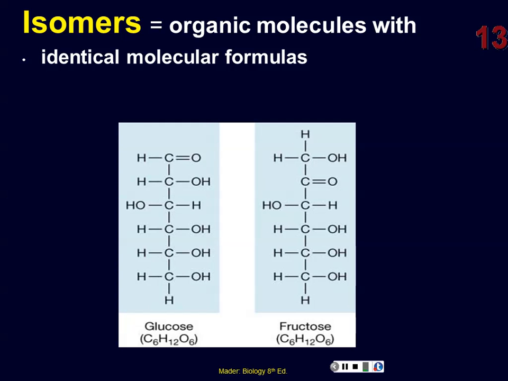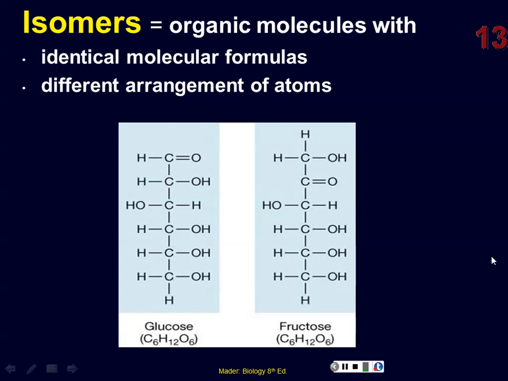They have the exact same molecular formula, but they're 2 different substances. What makes them different is that they have a different arrangement of atoms. Iso, if you remember from your root words, means equal. So these have an equal number of atoms, but they're 2 entirely different substances. Okay?